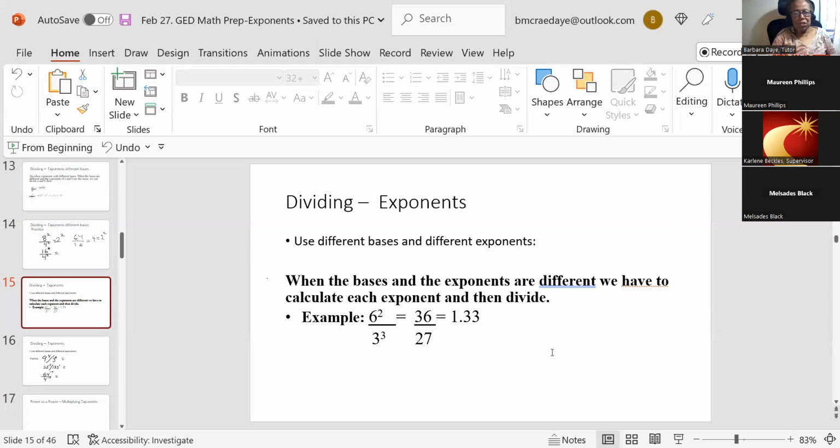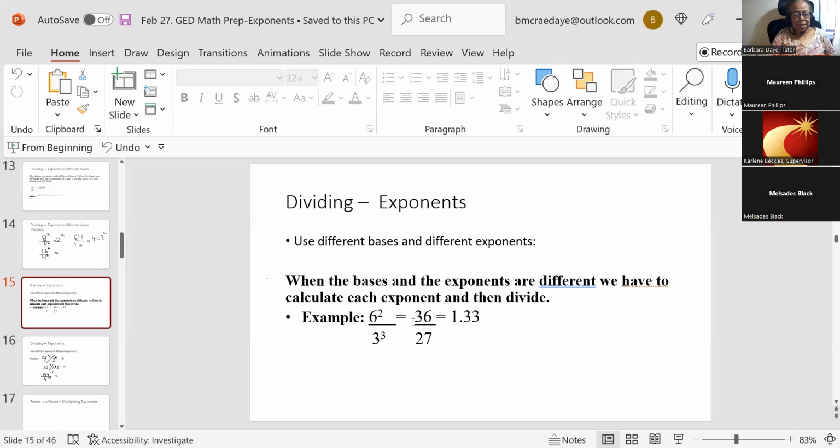So with the division, you evaluate each one and then divide. So when the bases and the exponents are different, you calculate each exponent and then divide.